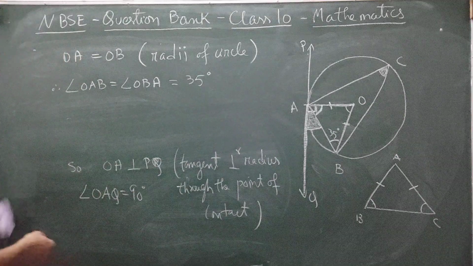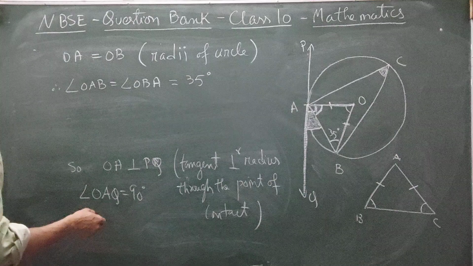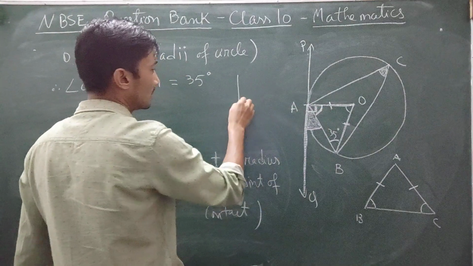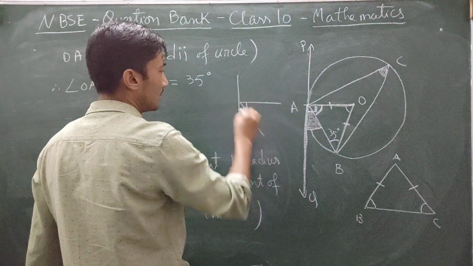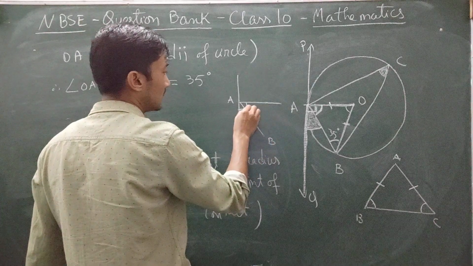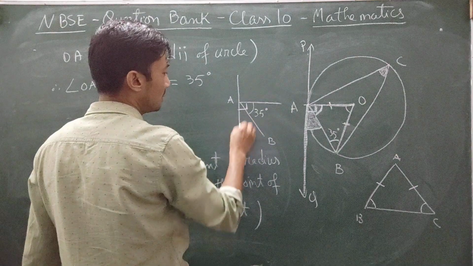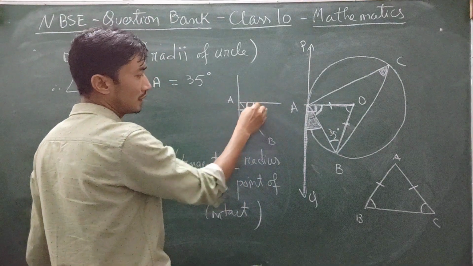Then you see this full angle is 90, and this is the A part and this is the B part. If this full is 90 and this one we've got 35, how much will be this one, which we're supposed to find out?